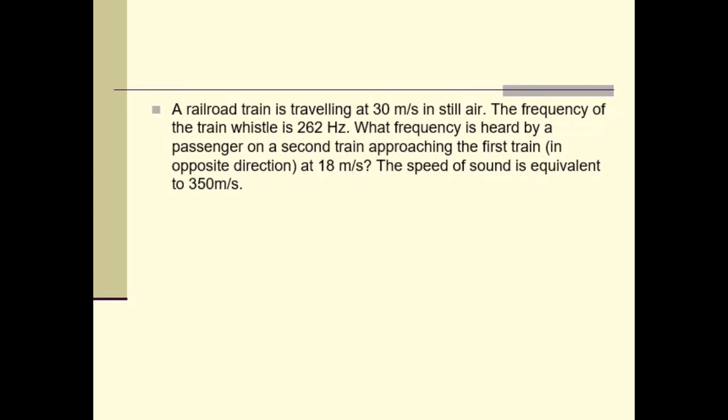So let's have a formula. F prime is equivalent to F multiplied by the velocity of sound plus the velocity of the observer or the listener, divided by the velocity of sound minus the velocity of source.